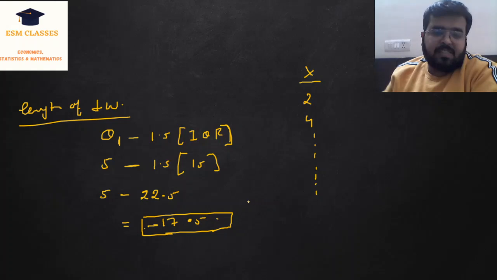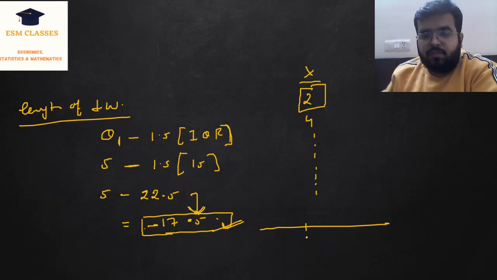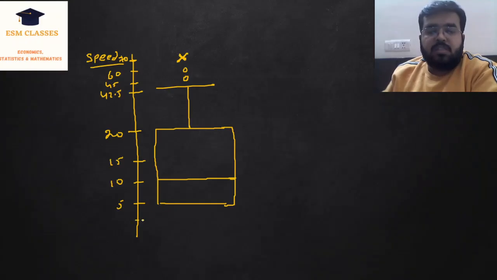Since this value is lying below my data set, and the lowest value of my data set is 2, which is not in my data range, I need to make the whisker till only 2. So let's say this is 2. We are making the whisker till 2.